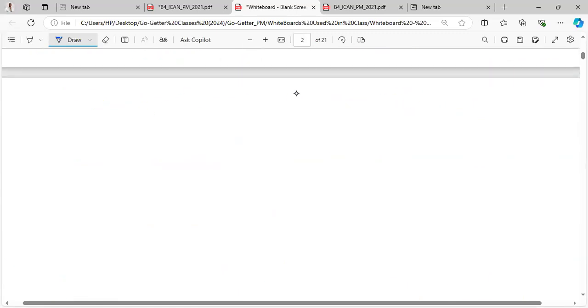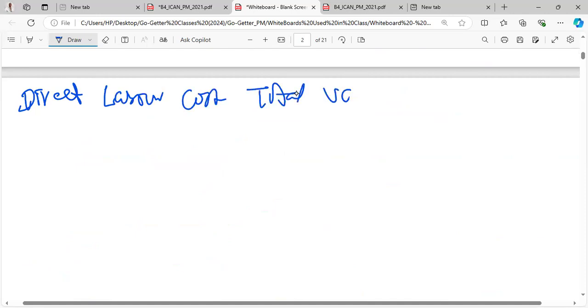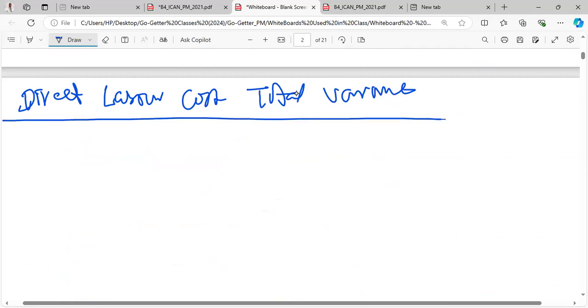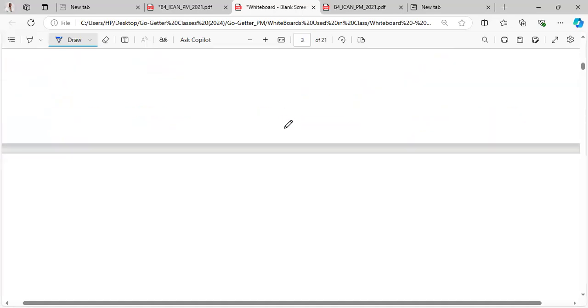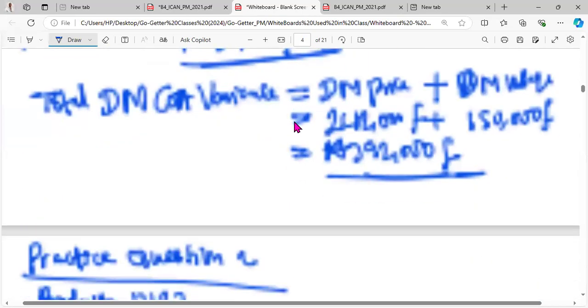I would have come here and said direct labor cost total variance. So I said before, standard quantity, standard price minus actual quantity, actual price. Quantity and price now becomes standard hours, standard rate, minus actual hours, actual rate. Okay, so now let's go down to do this.